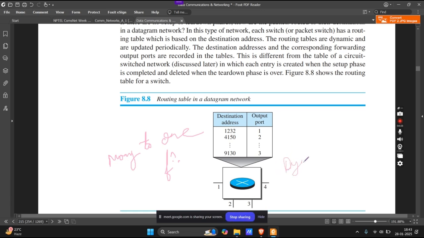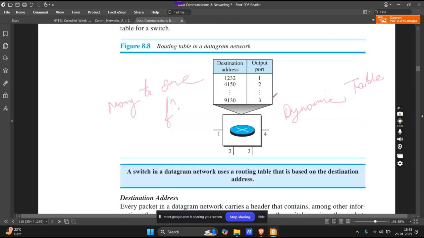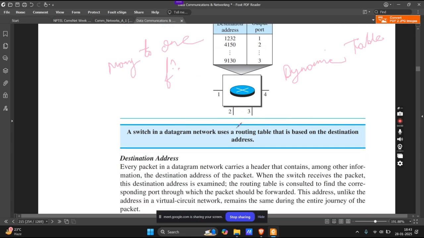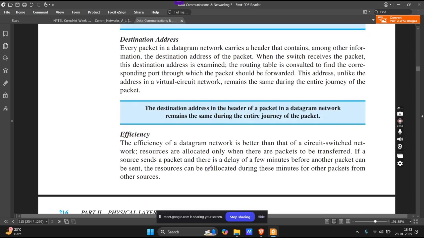So this is a dynamic table. This is not something that is coded into the switch or router. It is something that is getting updated continuously based on whatever it is learning. So it is learning the shortest path to a particular address pair, and based on that it will have the output port. Now if you change the network, it will automatically adjust the output port. So it will be based on the destination address.